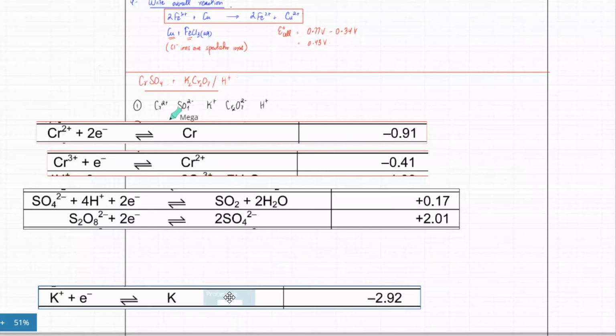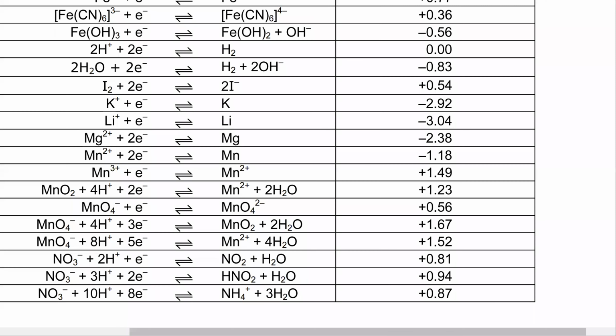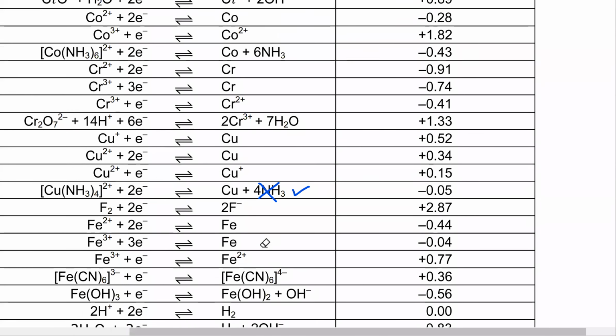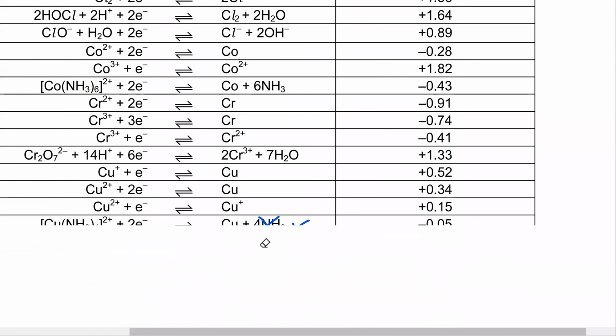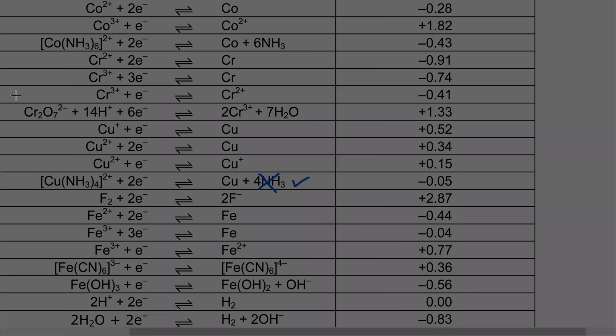I'm going to pick that. And what else do I have? So I need one for Cr2O7 2 minus. Where did it go? It's this one. There's Cr2O7 2 minus over here. There's only one of them.